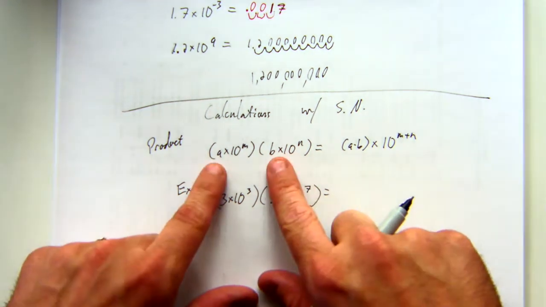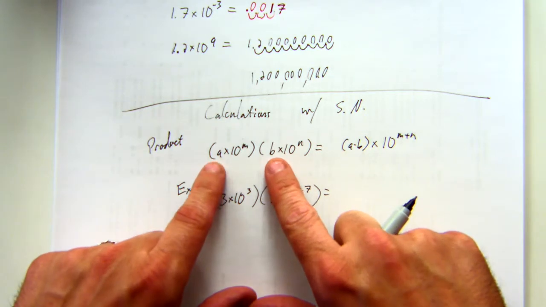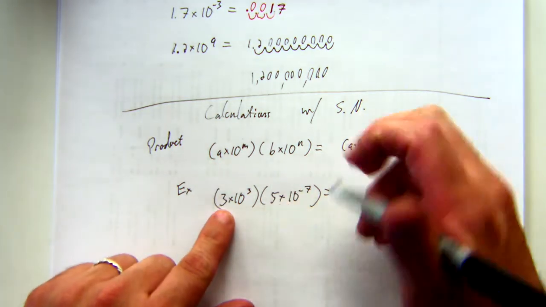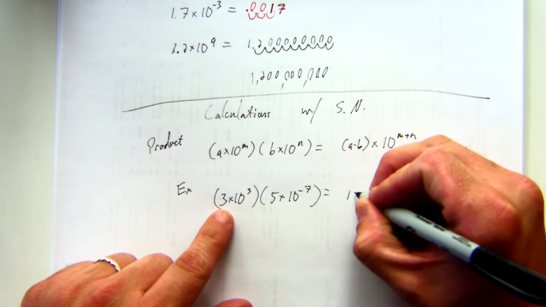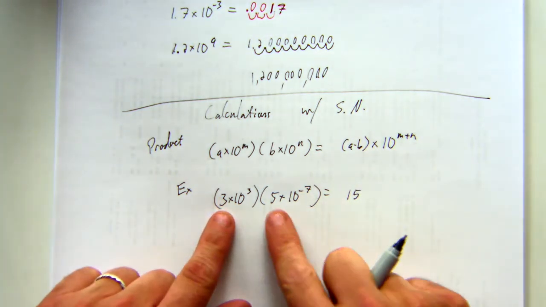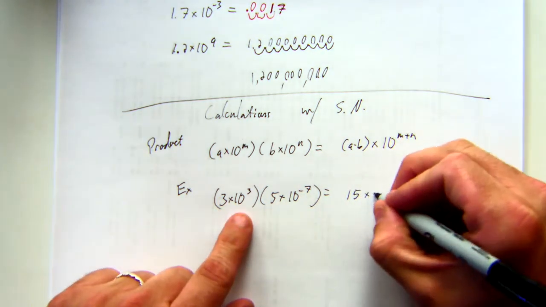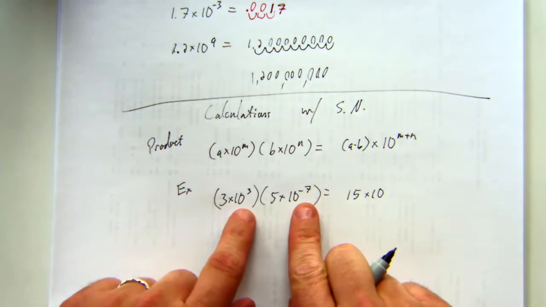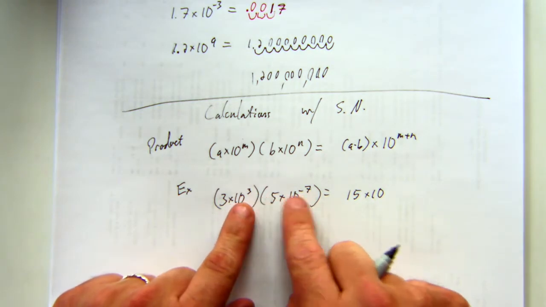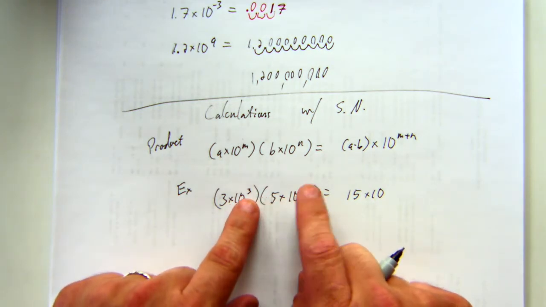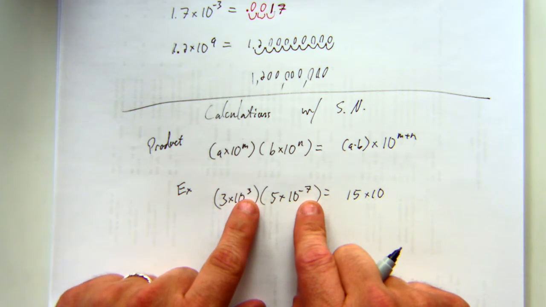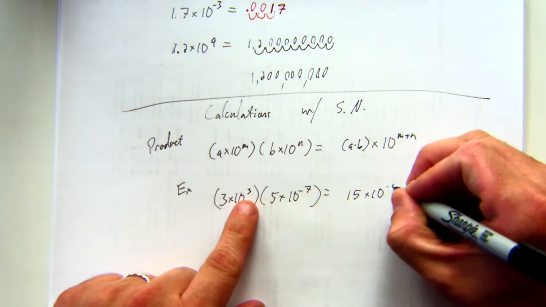My rule says what? I just multiply my a and my b. In this case, I'm multiplying 3 and 5. So this is going to be 15 times 10 to, now what do I do with these exponents? Add the 3 and the negative 7, so that's going to be negative 4.